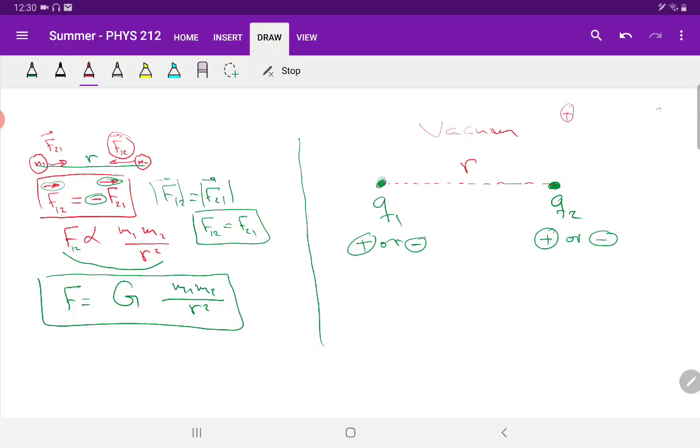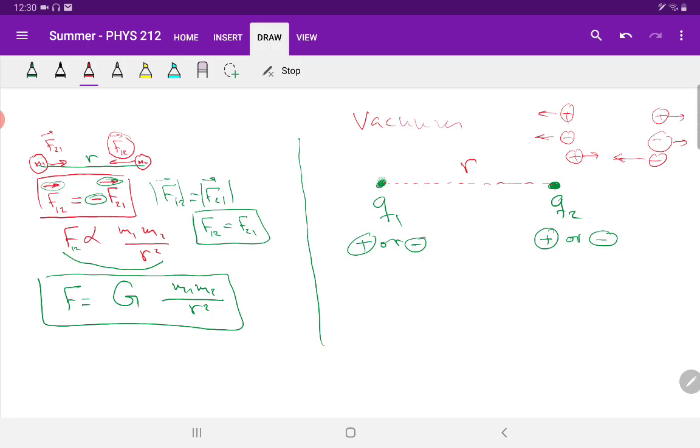If we have two positive, we will have a repulsive force. If we have two negative, again we'll have a repulsive force. If we have positive and negative, then we'll have an attractive force. Now let's not worry about the direction at this moment, just about the magnitude. So we assume that we have 2 point charges with a distance r, and the space between them is vacuum.